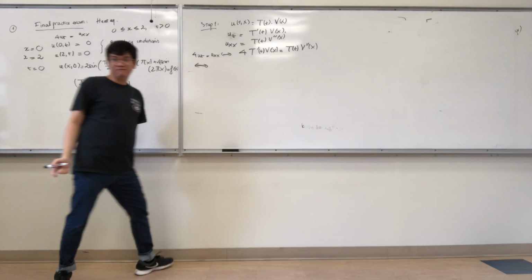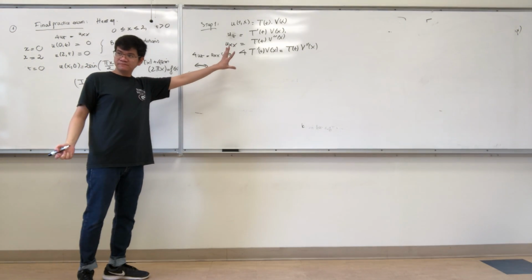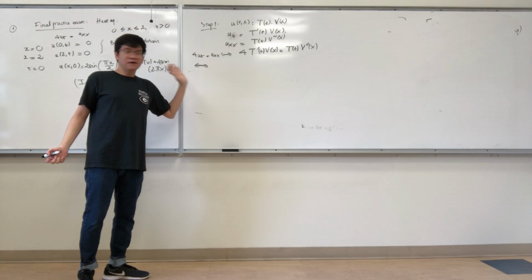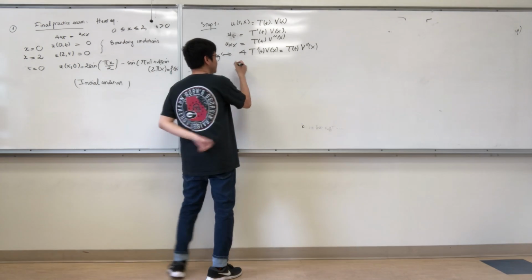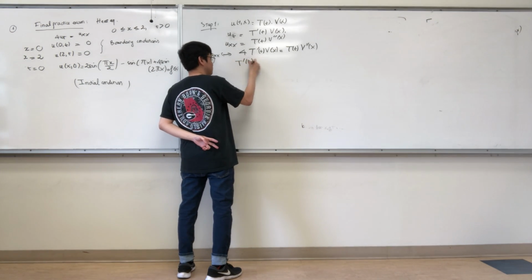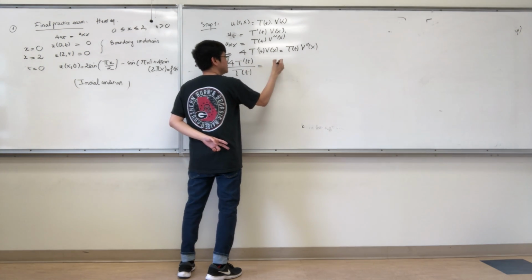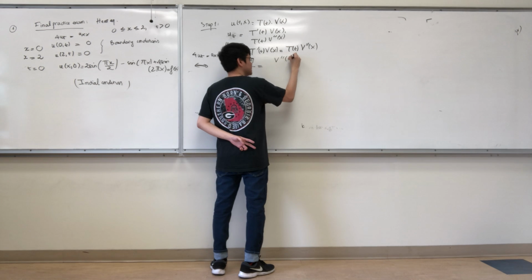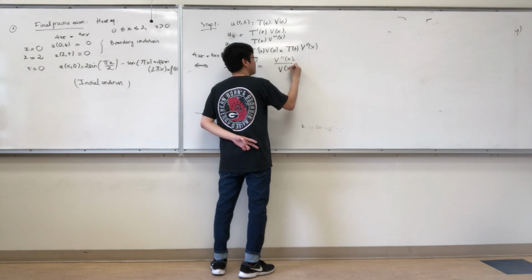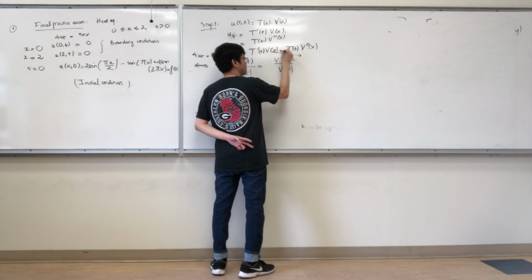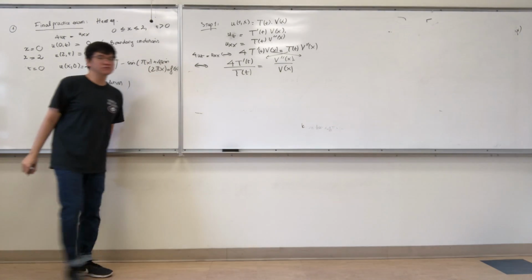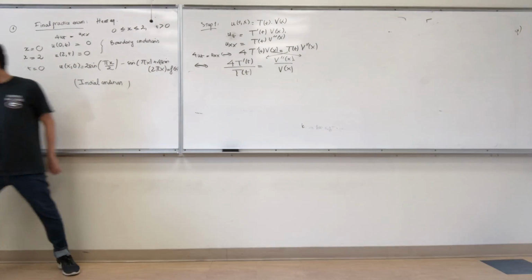Now you want to separate the variables, right? You put all of the terms that have t on one side. So you have T' over T is V'' over V, right? You divide by V(x) on one side and you divide by T on the other side, right?